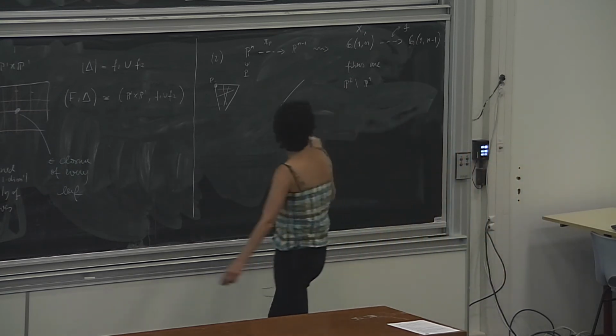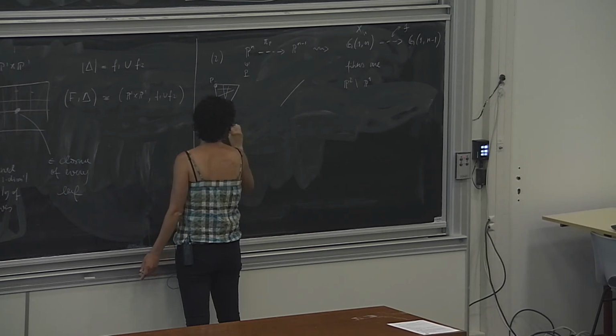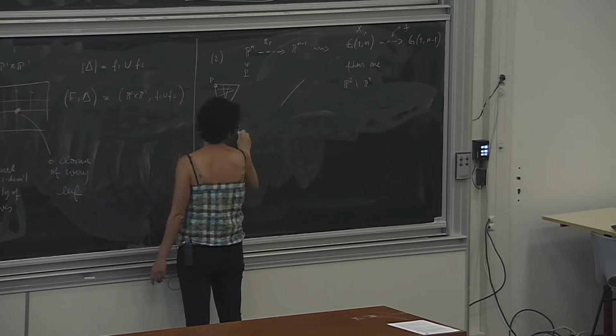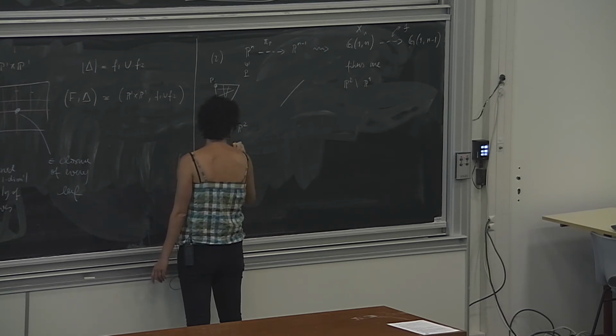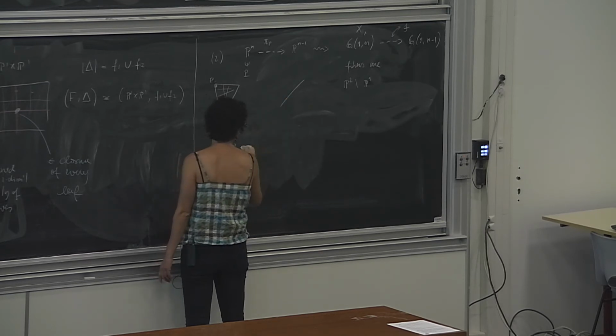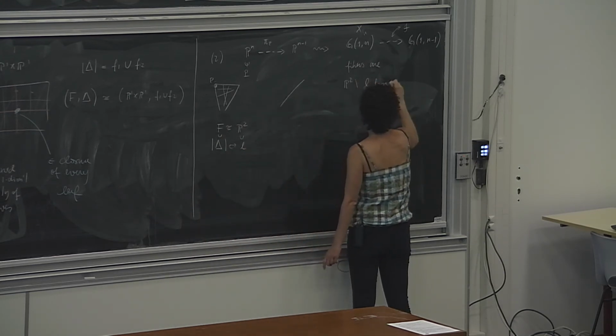And so in this case, what do we have? We have that the closure of the leaf is isomorphic to P2. The support of the delta is going to correspond to a linear P1, a line.